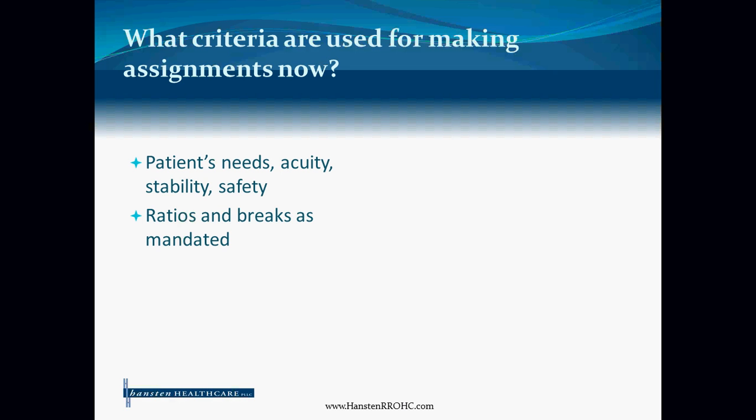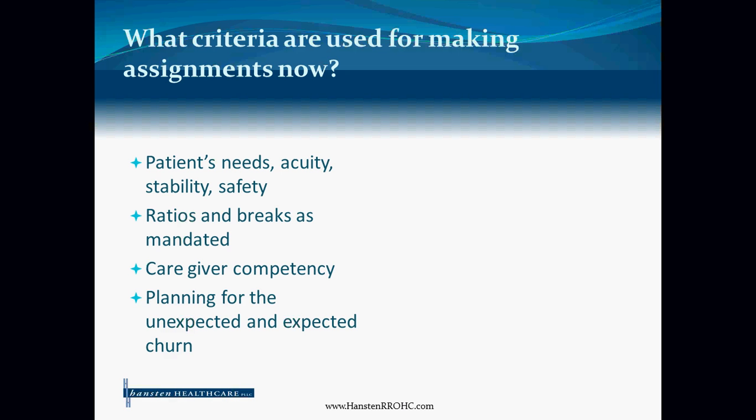We may also have state-mandated patient-nurse ratios or breaks being mandated, so we have to make sure that's a part of our assignment making. Caregiver competency is the right person to the right task. We plan for the unexpected and the expected churn, or admissions and discharges, that may occur in your shift.